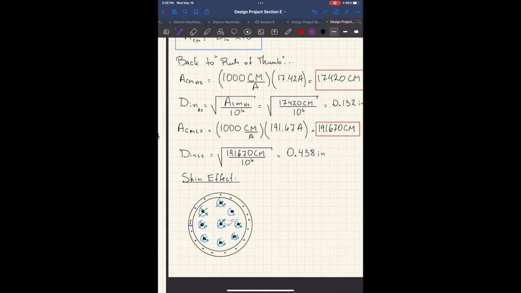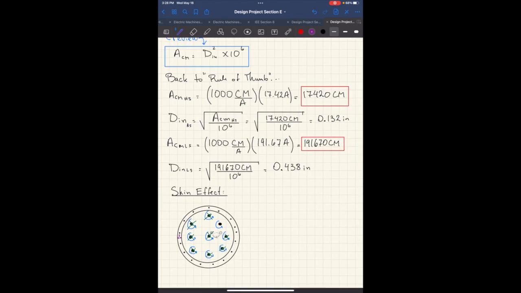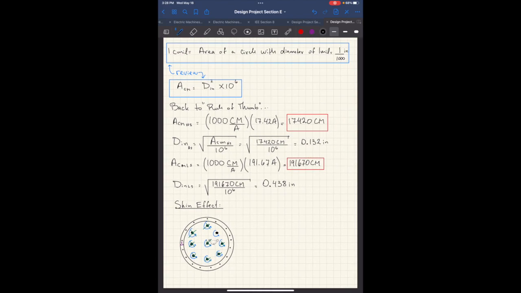So, let's put here a note on harmonics. Because the harmonics are going to affect this. Basically, this happens due to the frequency of the current.